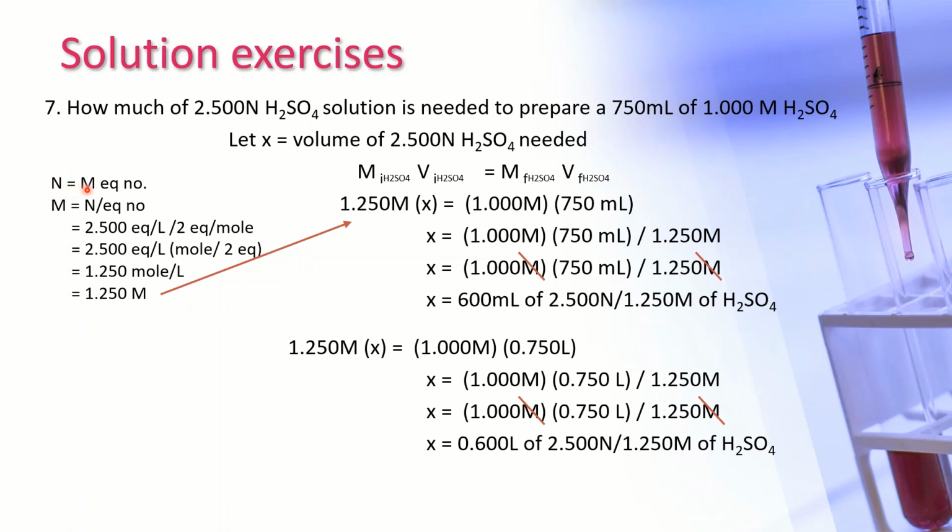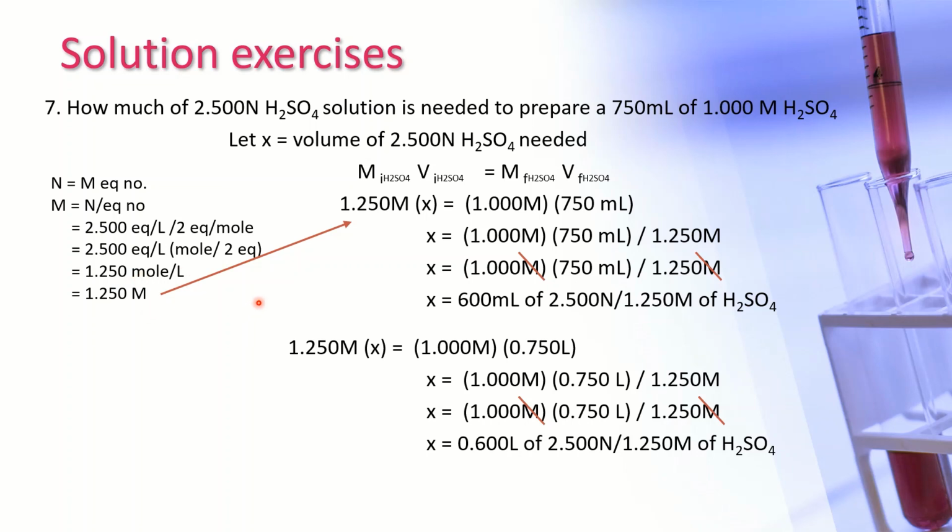N is equal to M times equivalence number. So M is equal to N over equivalence number. So this is 2.5 equivalents per liter times mole over 2 equivalents. So 2.5 N is equal to 1.25 mole per liter or molarity.